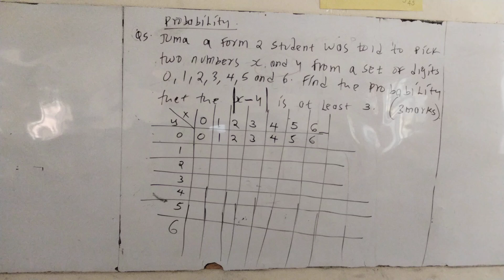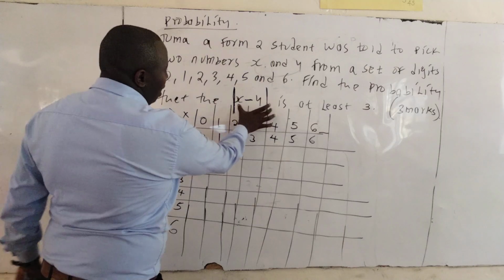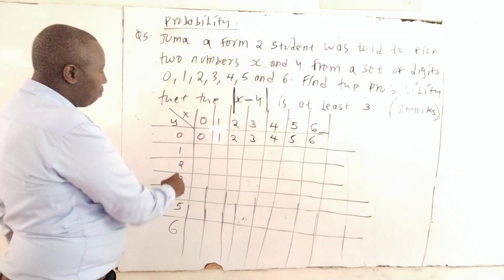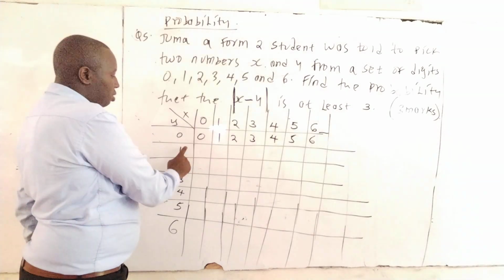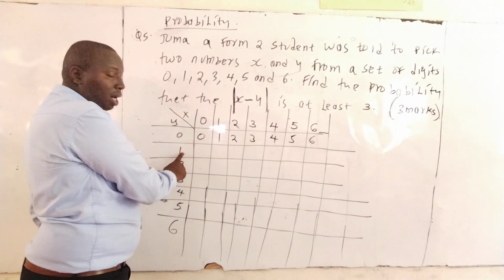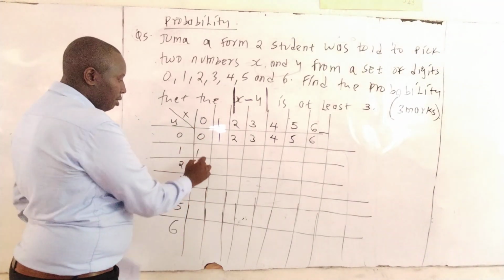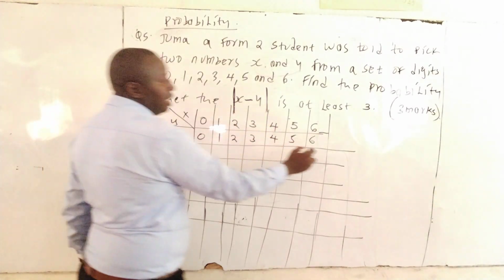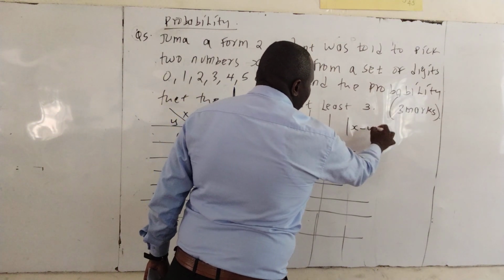Then you go to the second row. 0 minus 1. When you talk of x minus y, you are supposed to take the absolute value. When you subtract 0 minus 1, you should write 1, because you are talking of the absolute value. That is why you are given |x minus y|.